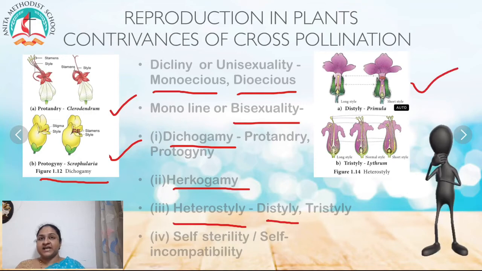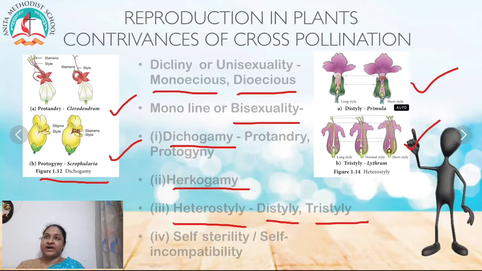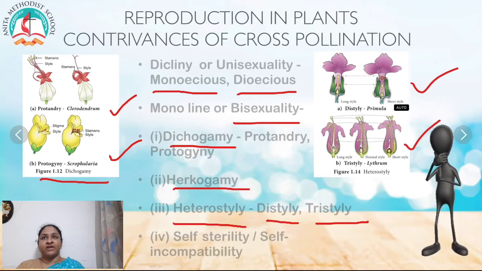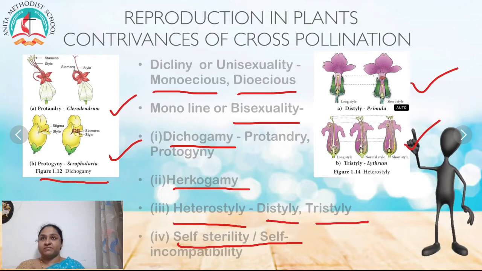Distyly is where a plant produces 2 forms of flowers, and tristyly is where plants produce 3 kinds of flowers with respect to the length of the style and stamens. Pollen from flowers of one type can pollinate only with the other 2 types but not of their own type.